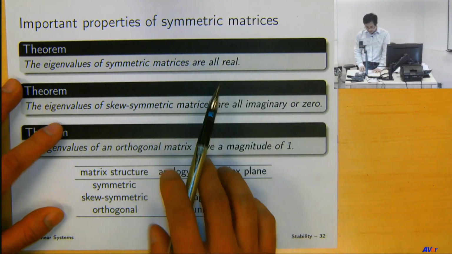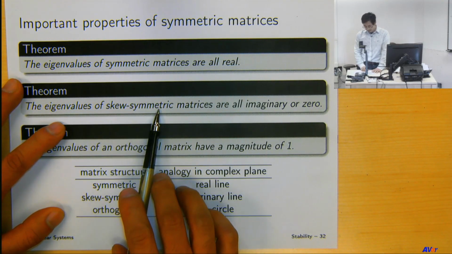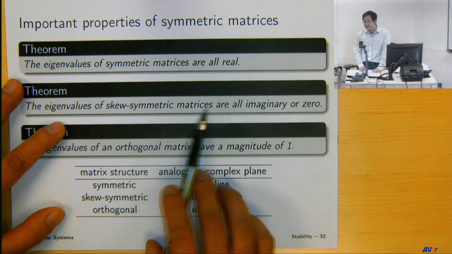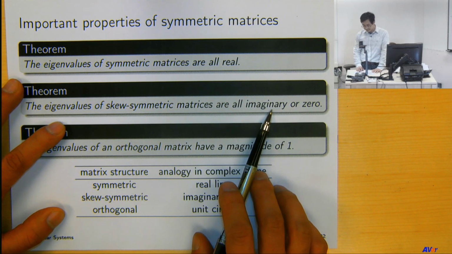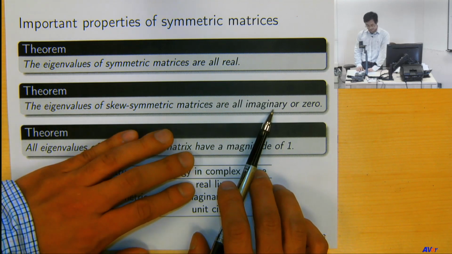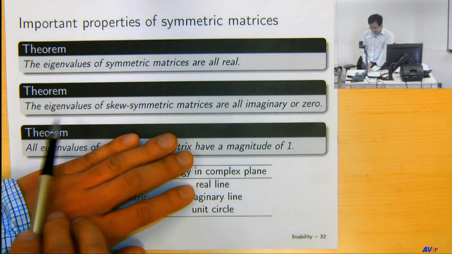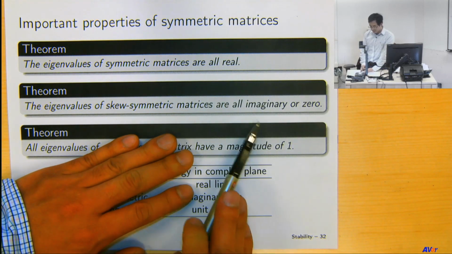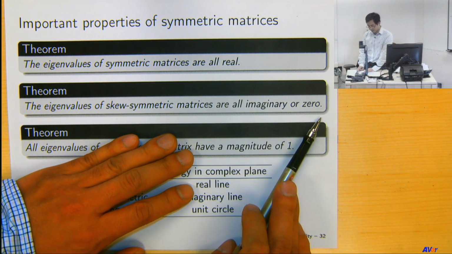We talked about another example, skew symmetric matrices. We talked about the eigenvalues being all imaginary. This is another theorem: eigenvalues of skew symmetric matrices are all imaginary or zero.